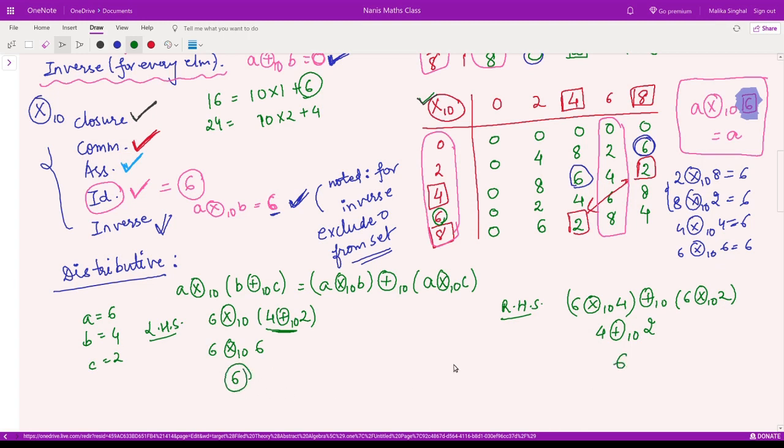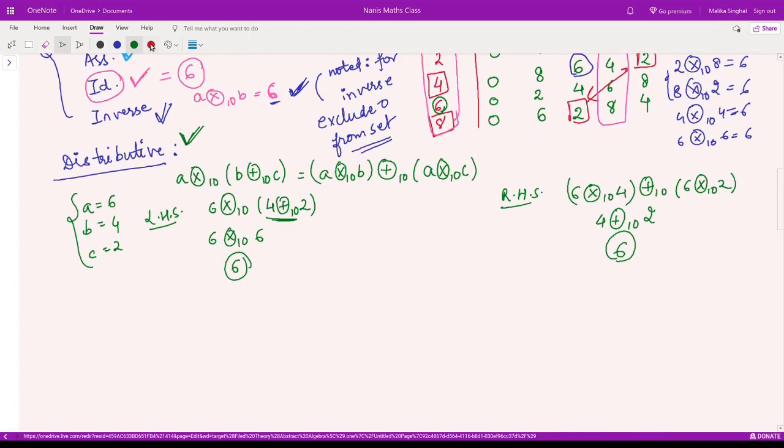So these two are equal, so our distributive property is also justified, and this should hold for every A, B, C in the set F. You should verify this. So in the last I can say that the set F, 0, 2, 4, 6, 8 together with the operations of addition modulo 10 and multiplication modulo 10 forms a field, right?